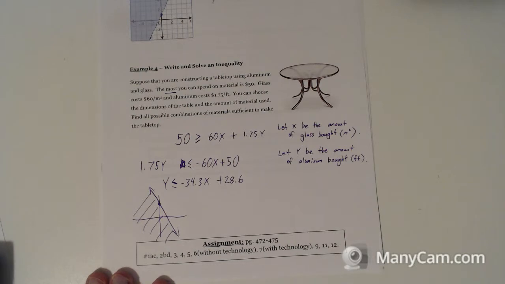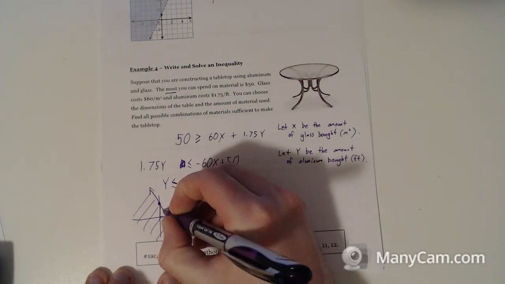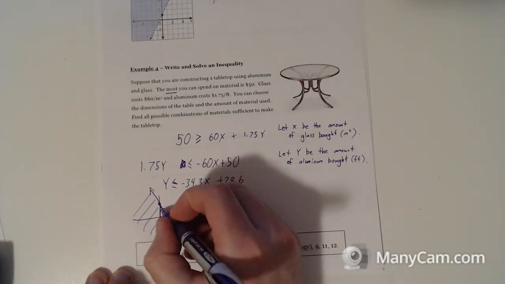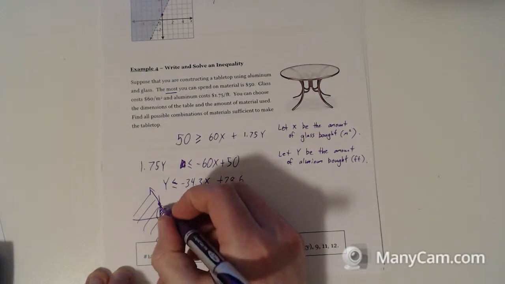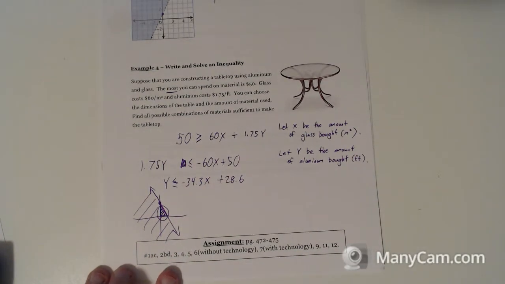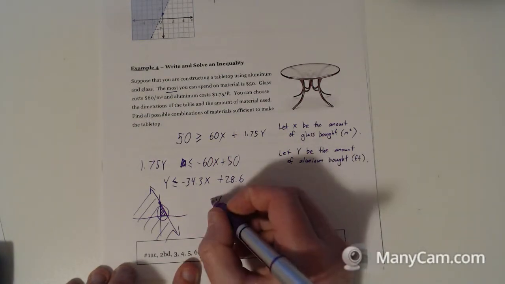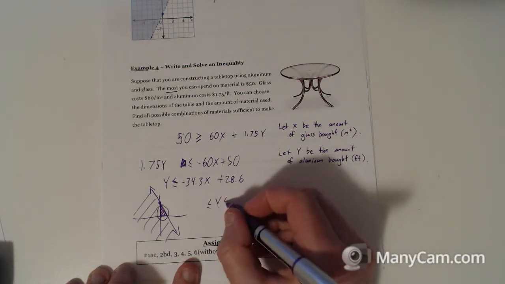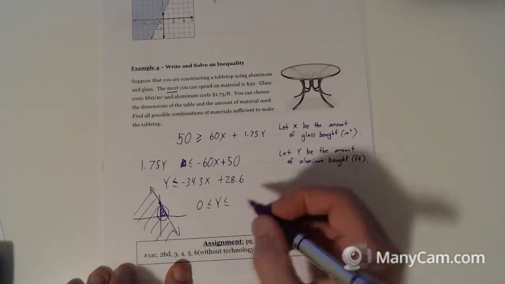Now you can probably guess that since x and y can't be less than 0, it's actually only this little triangle that are real solutions. It's actually only this part that we care about for this solution. And we could even get very specific here. We could say our y values must be between 0 and 28.6.